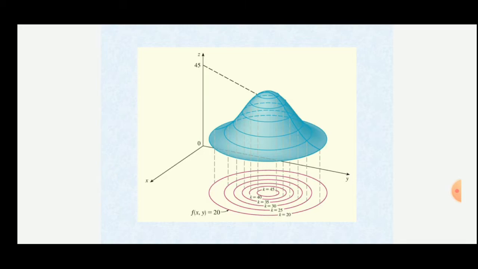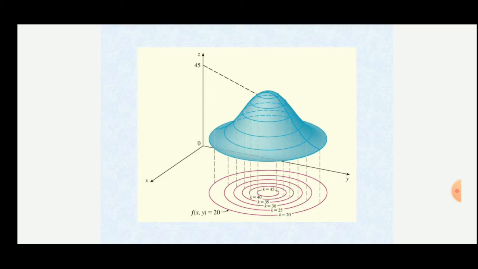These lines are called contours on the surface. These are nothing but the level curves of function f. These contours are also drawn in the domain. These are corresponding curves in the domain which are lifted to height z equal to k. These curves in the domain are called level curves of the function.